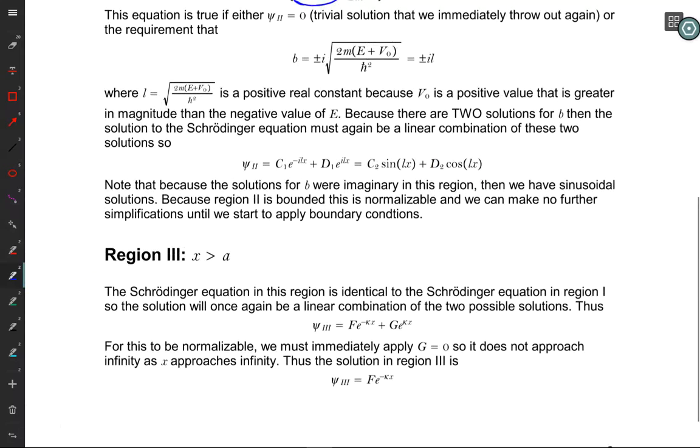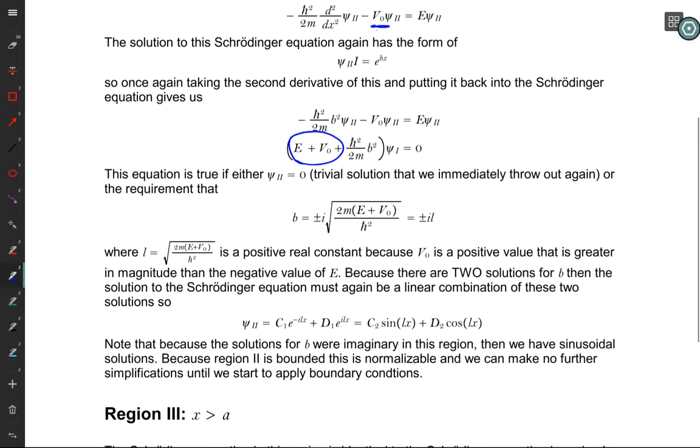So here I have, circled, E plus V0. V0 is positive, E is negative, but V0 is in bigger magnitude. So that means that thing that's circled is positive. That's kind of important because I'm going to now take this thing in parentheses and set it equal to 0.